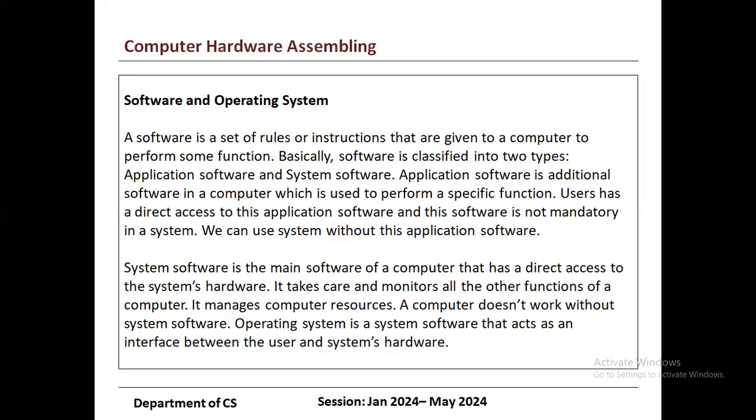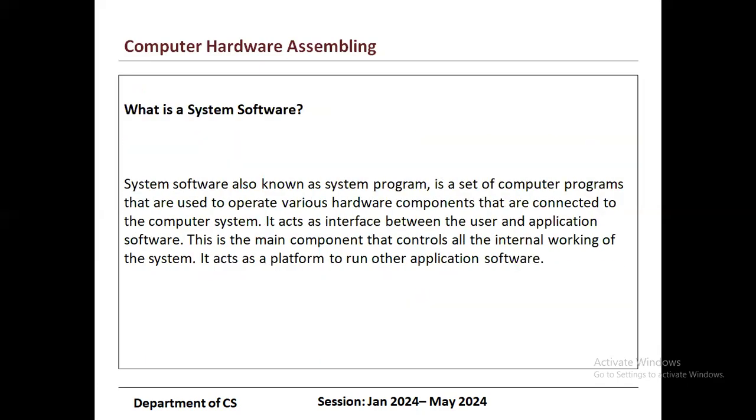So let's move to the next slide. In this slide, I will discuss what is a system software. A system software, also known as a system program, is a set of computer programs that are used to operate various hardware components that are connected to the computer system.